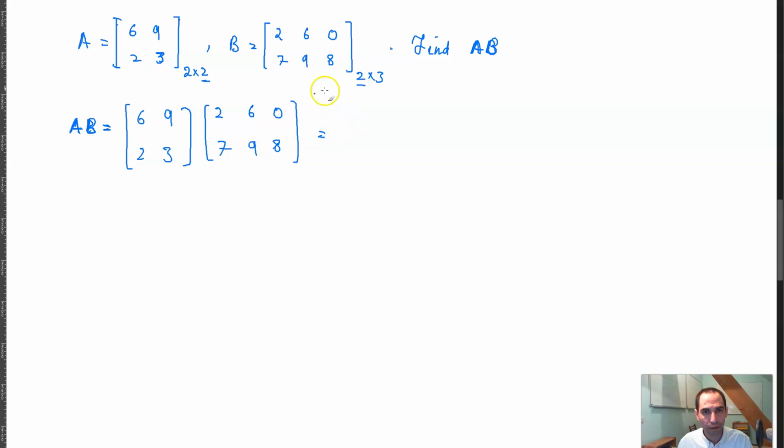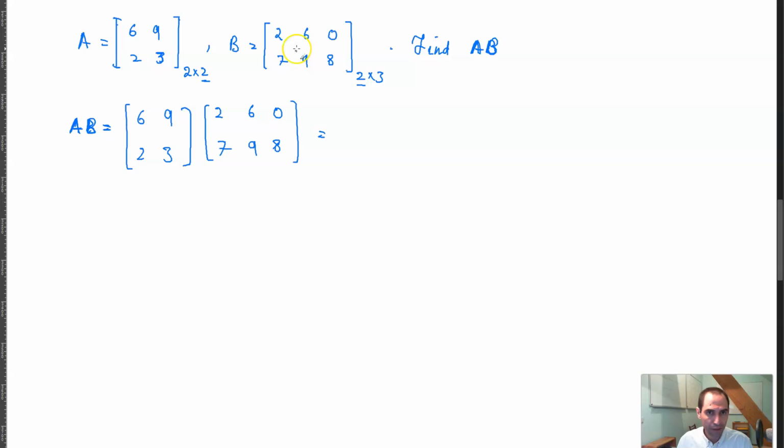The matrix that you will get is 2 by 3, this 2 and this 3 over here. So you would get a matrix something like this, right? Or exactly a matrix of the same order.